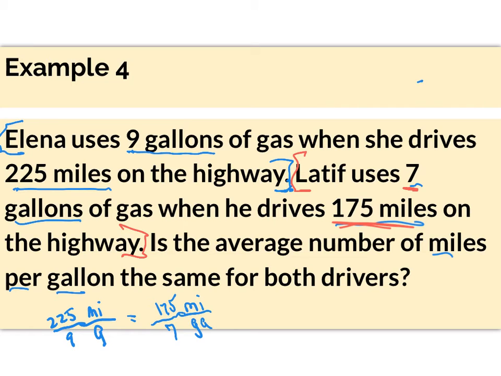And so now, we have to find the proportional relationship. So you have to ask yourself, is 225 divided by 9 equal to 175 over 7? You can cross multiply if you want, or you can divide top and bottom.